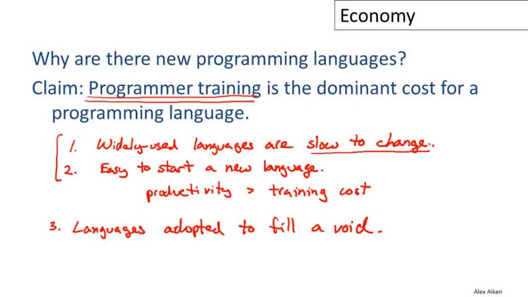They're slow to adapt to the new situation, and this tends to call forth new languages. So when there's a new opportunity in some application domain, if there are enough programmers to support the language, often a new language will arise.